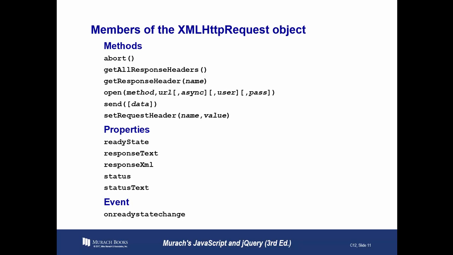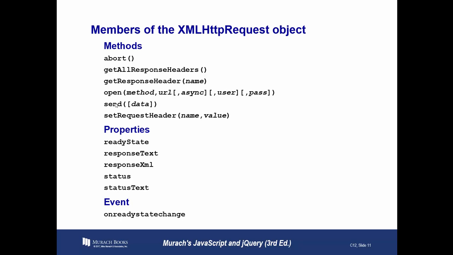The two methods that get used with every request are the open and the send. The open method is used to open a connection for a request. All right? This method specifies whether the request is a GET or a POST, and it provides the URL for the request. After the open is issued, the send method is used to send the request. If necessary, the method can include a data parameter that sends data to the server along with the request.